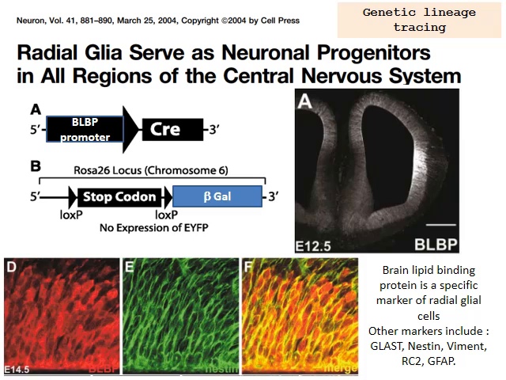However, here the BLBP promoter was used, and in this kind of experiment the Cre recombinase is controlled by a specific promoter, BLBP in this case, and mediates the excision of a stop codon that ultimately leads to the expression of a reporter gene, in this case beta-galactosidase or beta-gal, in BLBP expressing cells and their progeny.